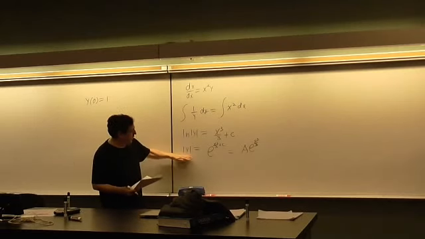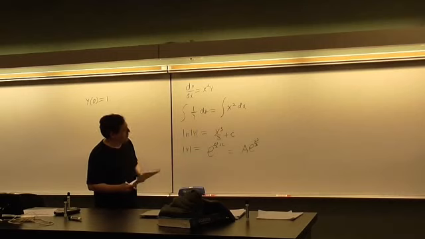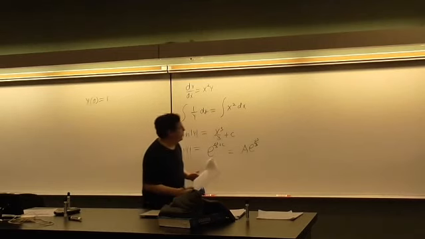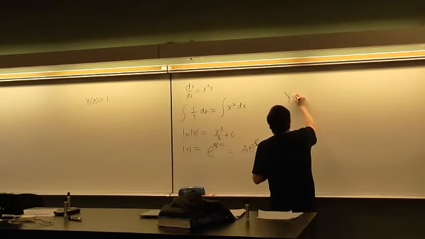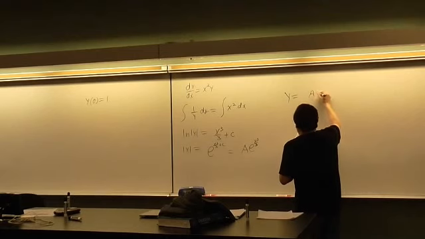And I guess we don't really care about the absolute value sign at this point. So it's just y equals a e to the x cubed over 3.